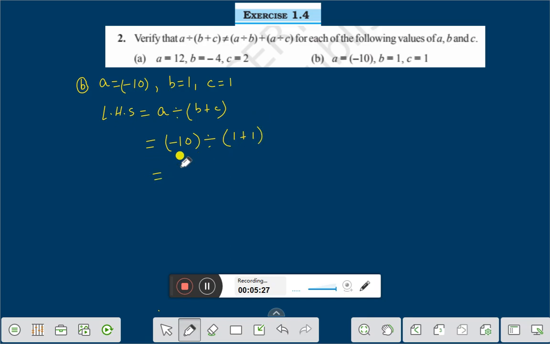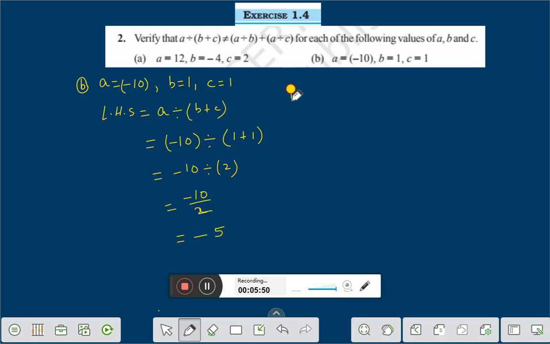That is, we are getting minus 10 divided by 2. That is, minus divided by plus is minus, and 2 5 is 10. That is, answer is minus 5.